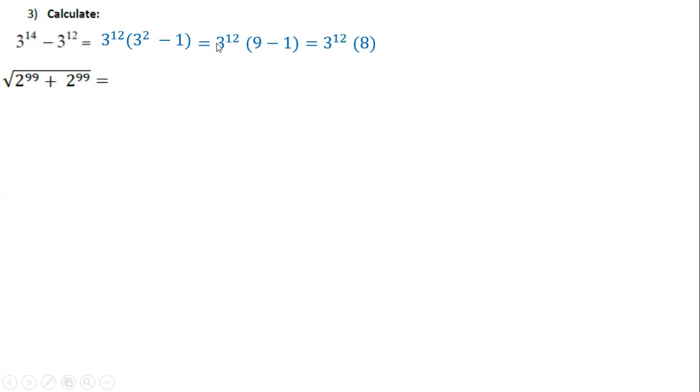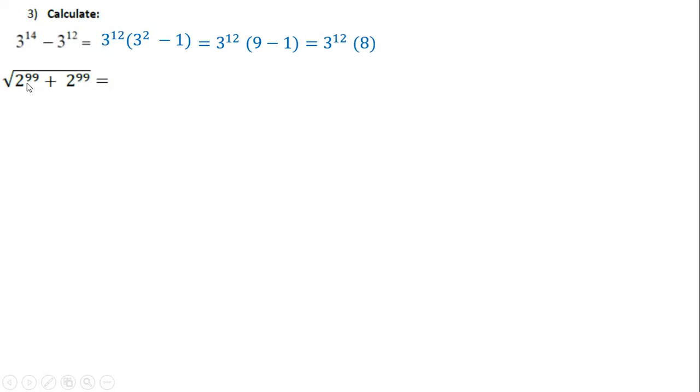But the idea is whenever we take a common between two numbers that have exponents, we take the same base with the least exponent, 3 to the power 12. Now we have radical 2 to the power 99 plus 2 to the power 99.